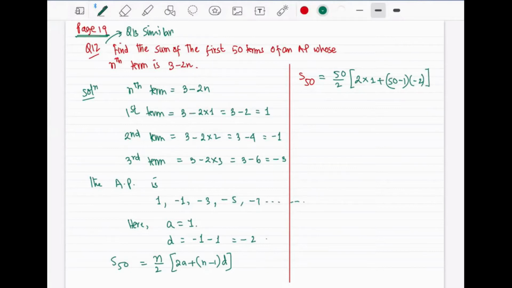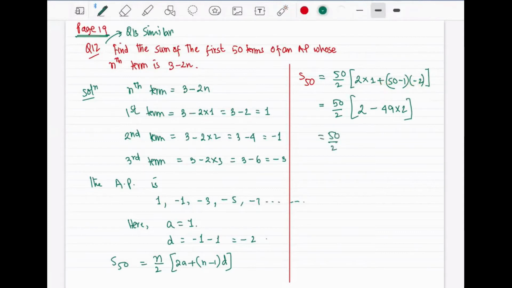Solving this part is easy, you just have to do multiplication, division, addition. So 50 by 2, [2 into 1 is 2, plus minus is minus, 50 minus 1 is 49 into 2]. Look what I have done: I multiplied the plus and minus signs, so plus minus is minus. Continue.